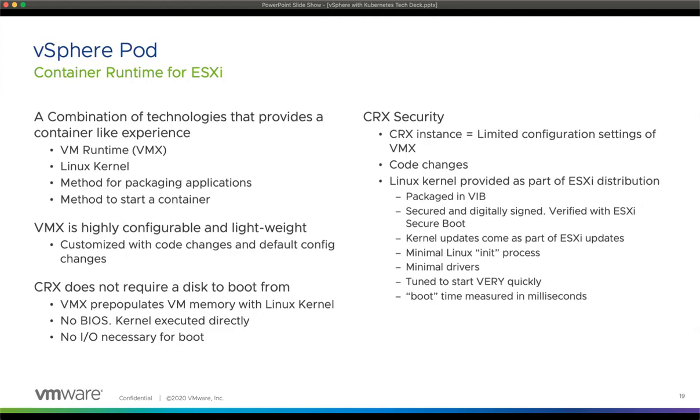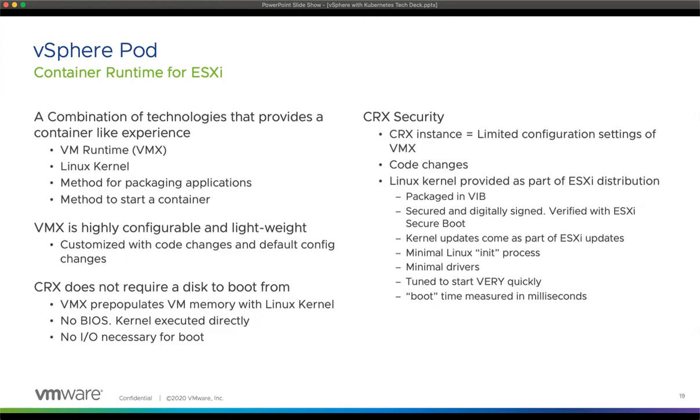And what's really cool, coming from a security background, is that the Linux kernel that is shipped is provided as part of the ESXi distribution. It's already packaged in a VIB. And of course, as you know, all VIBs are digitally signed. If you enable secure boot, you can validate that that VIB has not been tampered with.